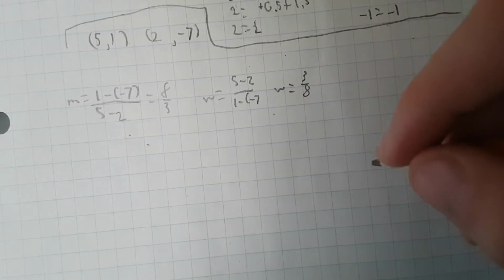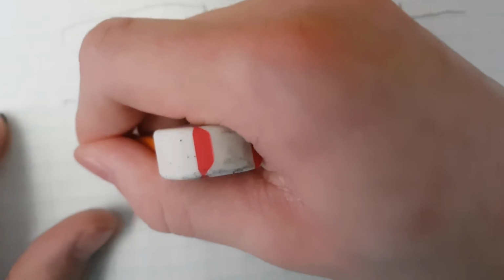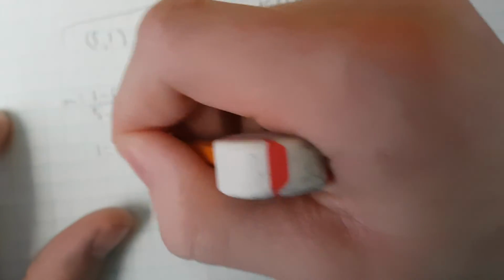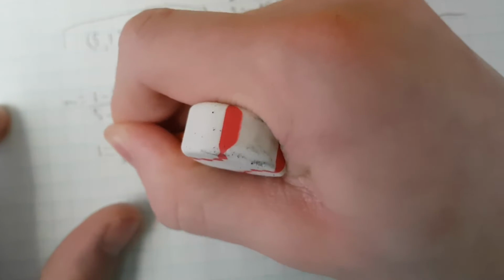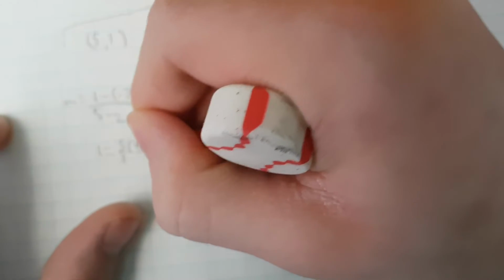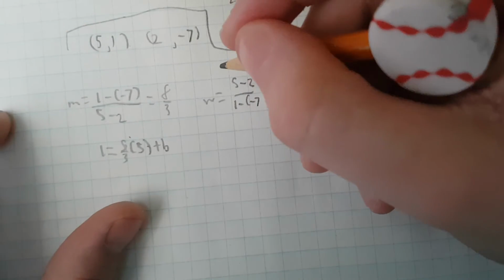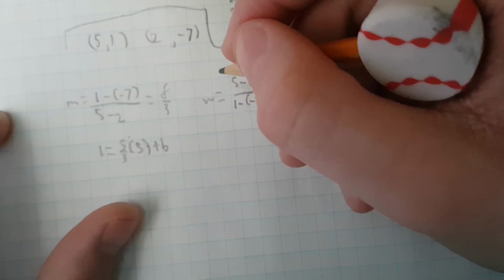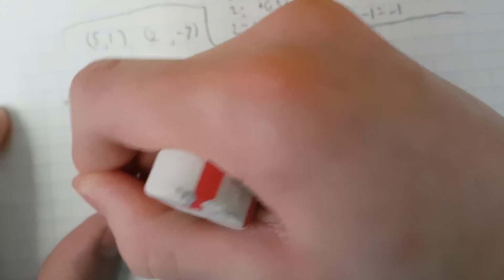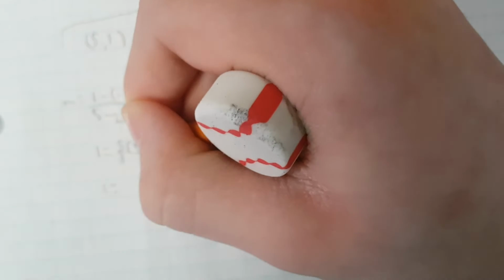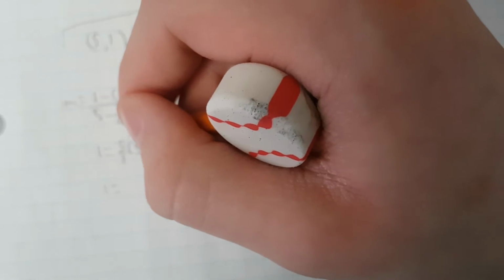And we'll use the first point for the line. So we know 1 equals 8/3 times 5 plus b. Solving this, it's multiplication, we can just multiply the top ones.